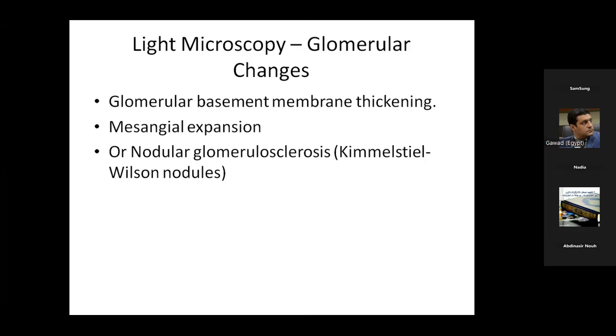The most important thing is to put in your mind the differential diagnosis of this glomerular lesion, as being a diabetic nephropathy or something else. So that's the importance of this lecture.